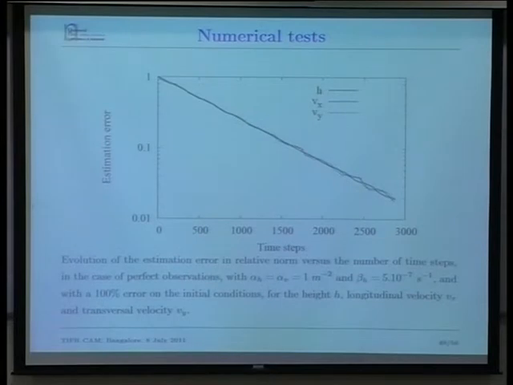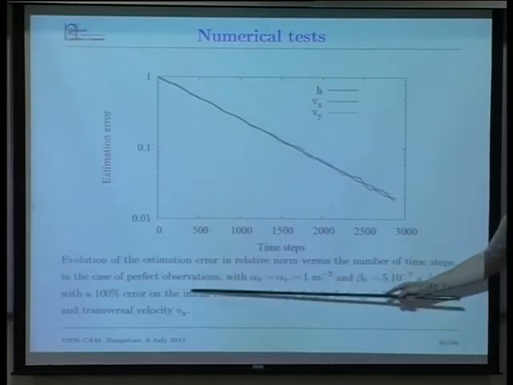So some numerical experiments. Here is the decrease of the estimation error on the three variables, the height and the two components of the velocity, as a function of time. It's a log scale. And we have these values of alpha and beta.